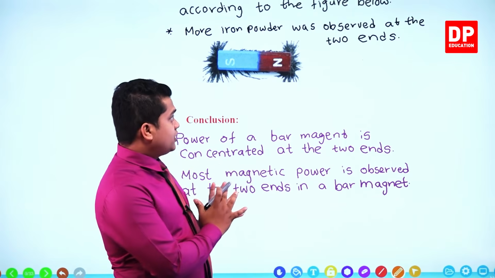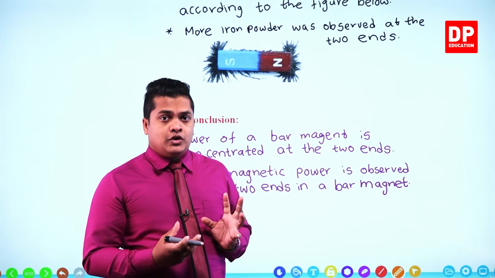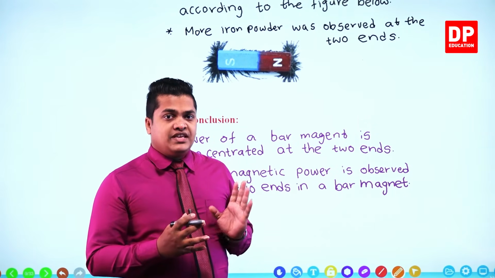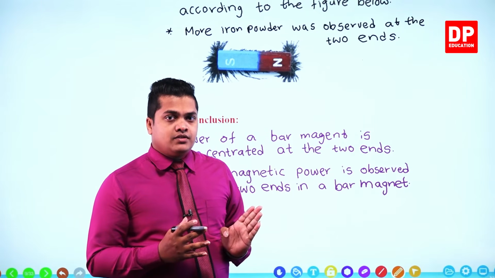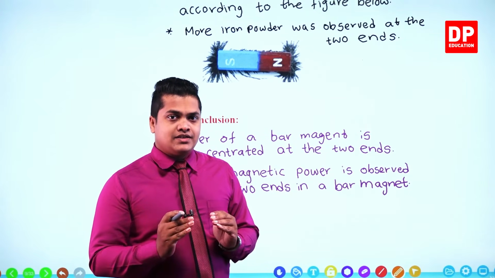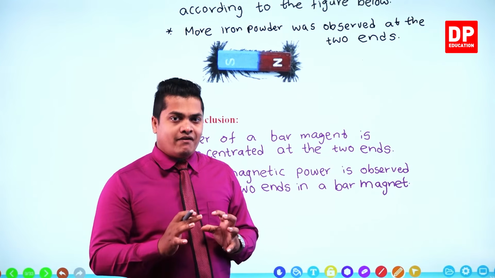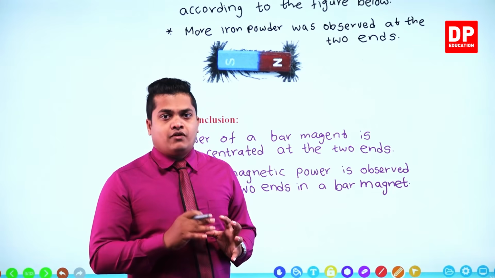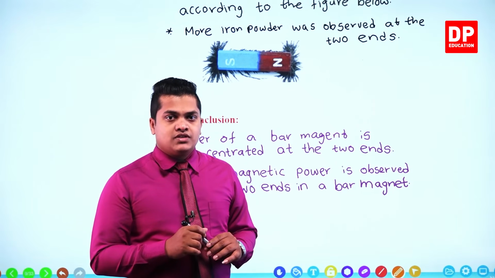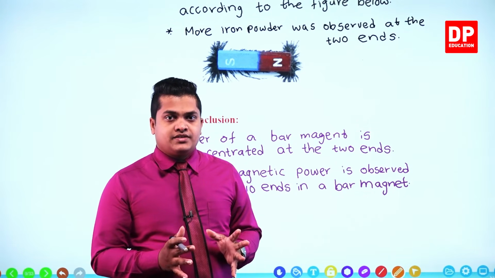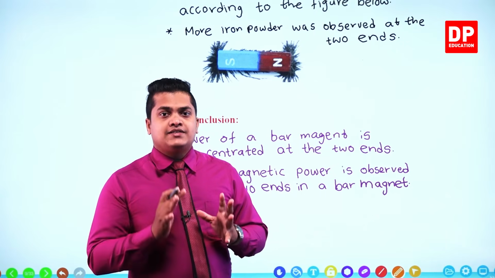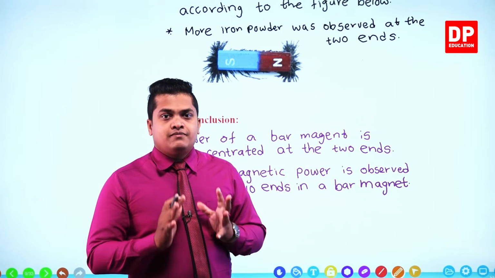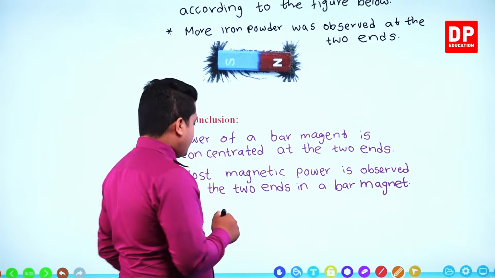But here we specially took a bar magnet. Therefore, these two ends which have the most magnetic power are called the poles of the bar magnet. Poles means those are the areas which have the most magnetic power, right?